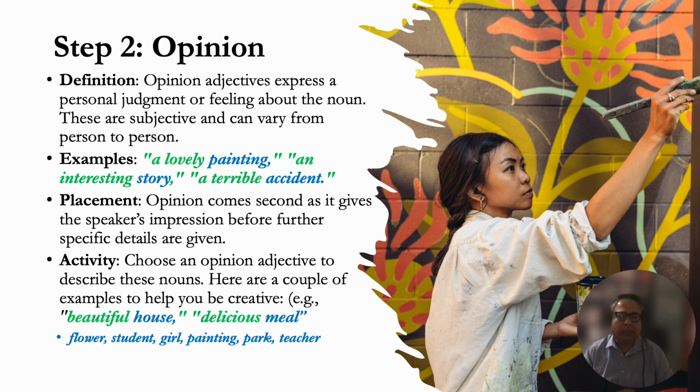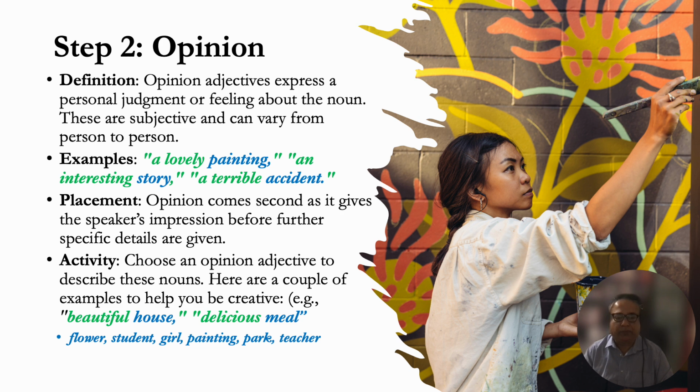So when we describe something, we find something pleasant or beautiful or not so beautiful, we use opinion adjectives such as, look at that lovely painting, or this is an interesting story, or it's just an interesting movie. Opinion comes after quantity. I need you to remember this. As you write sentences, write the quantity adjective first and follow with an opinion adjective.